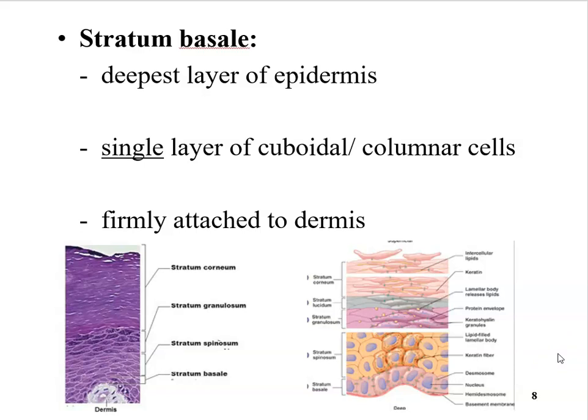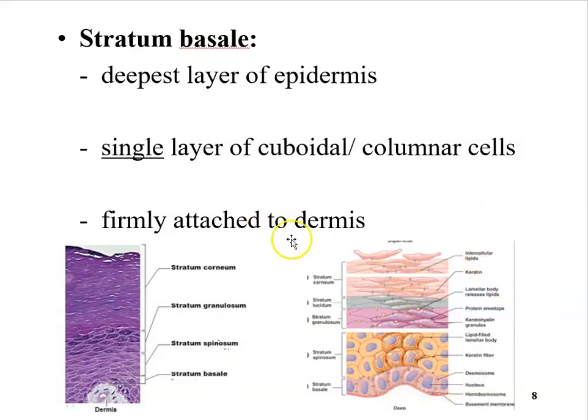So instead of many layers of squamous cells, we just have one layer of cuboidal or columnar cells that are firmly attached to the dermis with hemidesmosomes and firmly attached to each other with desmosomes. While the cells of the stratum corneum are dead, the cells here are very much alive, and it's mitosis here that allows cells to be pushed up into the other layers.